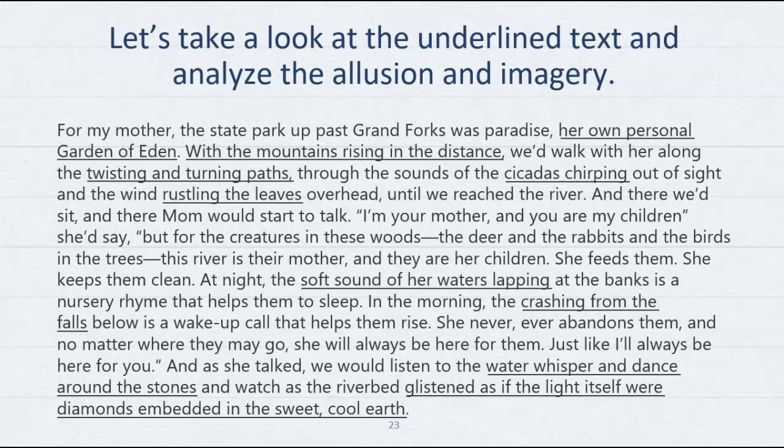'I'm your mother, and you are my children,' she'd say. 'But for the creatures in these woods, the deer and the rabbits and the birds and the trees, this river is their mother, and they are her children. She feeds them. She keeps them clean. At night the soft sound of her waters lapping at the banks is a nursery rhyme that helps them to sleep.'"